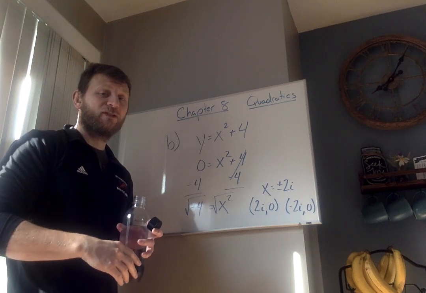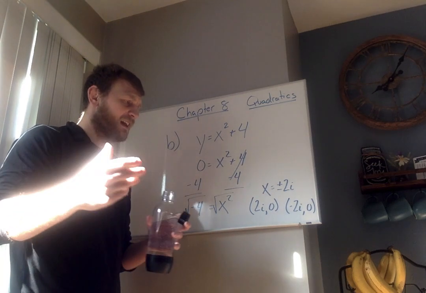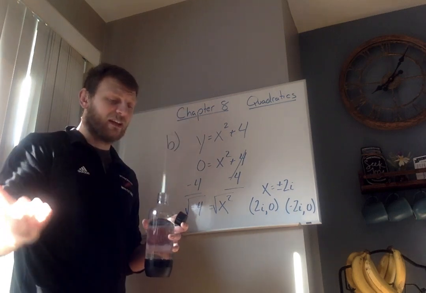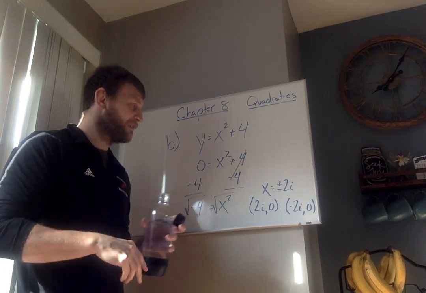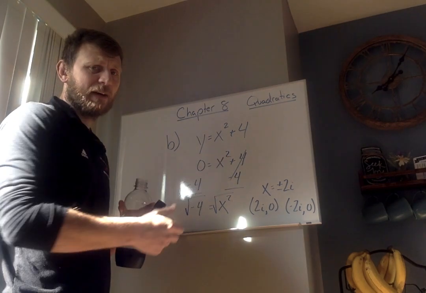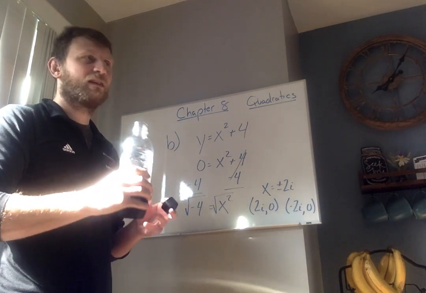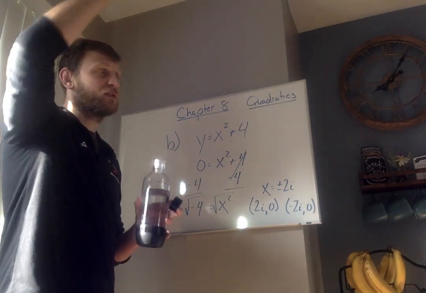The last one I had two real answers, and that's where my graph crossed the x-axis. It crossed in two places. You could check that on the graph, but if you were to graph it using the same process, it wouldn't. It would be slightly above.